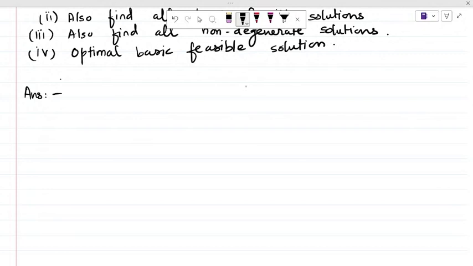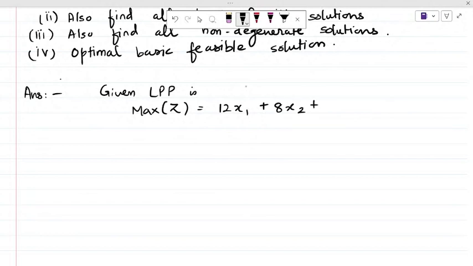So the given LPP is maximize z equals 12x1 plus 8x2 plus 14x3 plus 10x4. We write down the same LPP again in our answer.